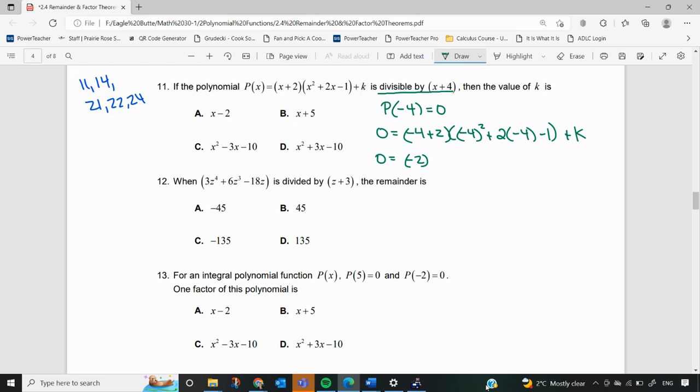Minus 8 would be 8. Minus 1 would be 7. We'll just double check that again. 16 minus 8 minus 1. Yeah, so that would be 7. And then plus k. So we're going to have 0 = −14 + k. So k must equal 14.